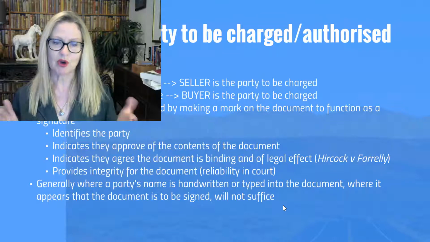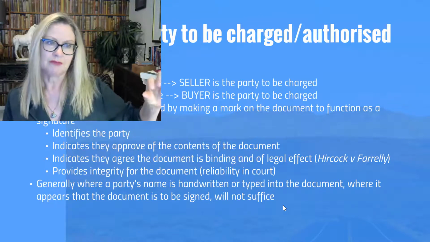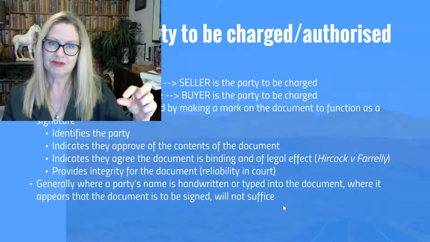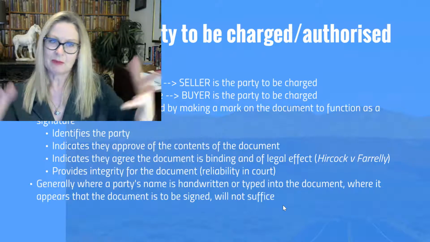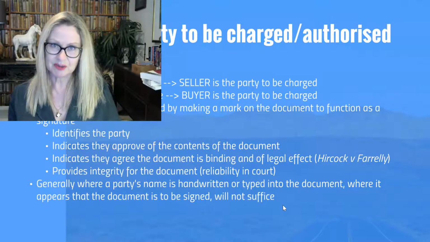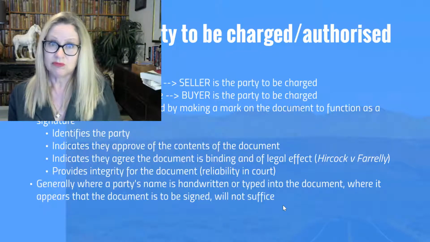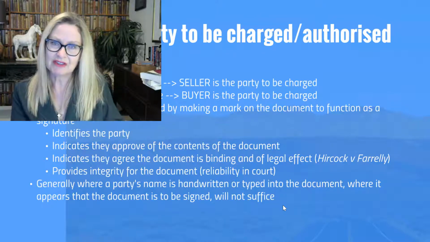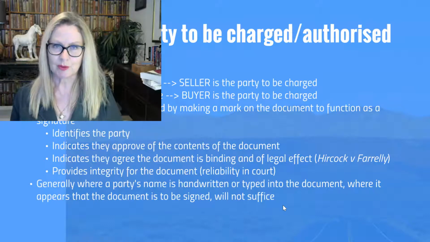So just because you have a contract there that says this is a contract between Joe Smith and Mary James up the top there, and then at the end you've got the signature block, obviously that document will contemplate signature by the party, so just having their name in there isn't going to work for the purposes of the PLA. You can understand why it's obvious, isn't it?